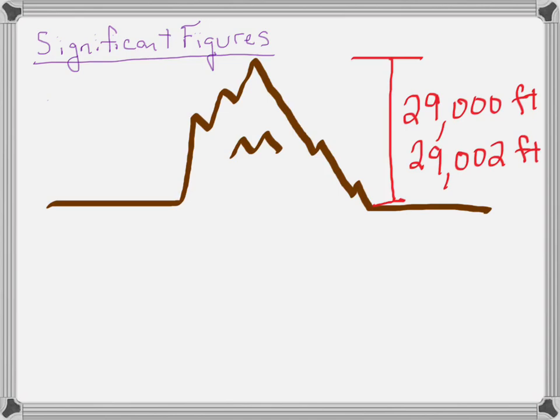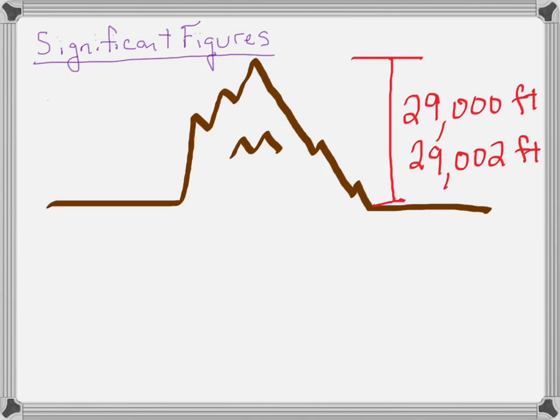And so this forms the basis of our understanding of significant figures. When we look at 29,000 feet exactly, it was an exact measurement, although it looks like a rounded number. And so we need to understand what significant figures are. And to understand significant figures, we have to understand significant digits.